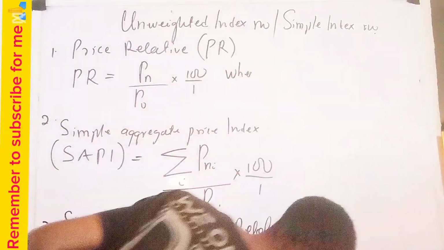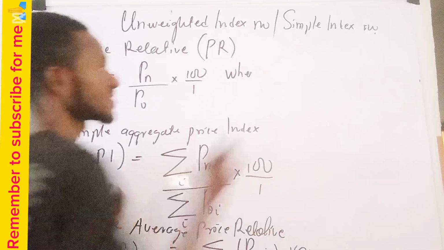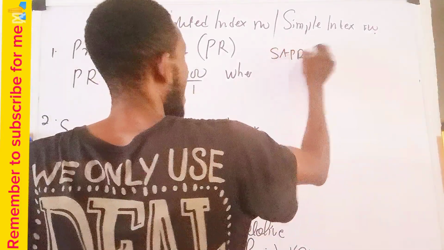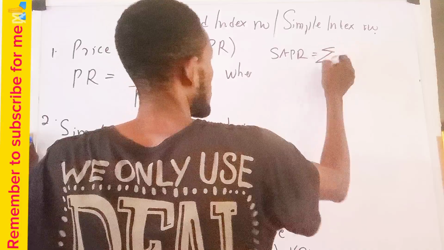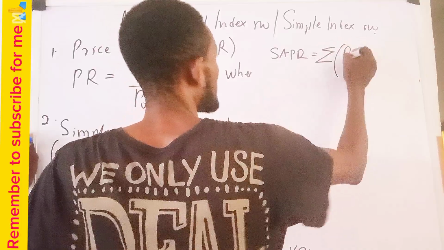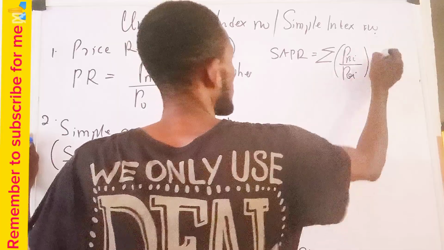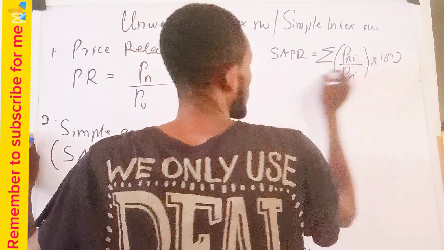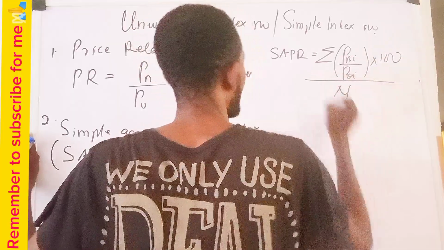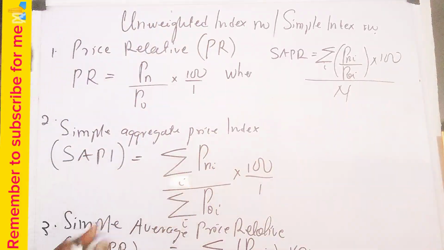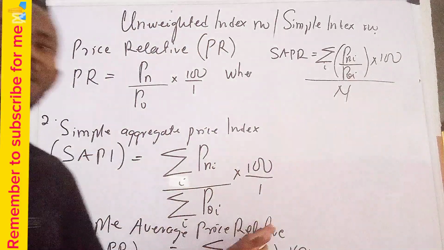The formula I wrote here, which you could not see, is that SAPR is given as the sum over i of the bracket P_ni all over P_0i multiplied by 100, all over capital N. That is the formula of the simple average price relative.